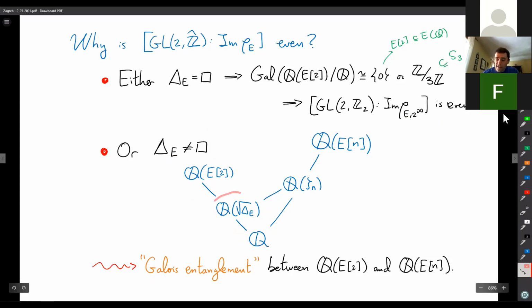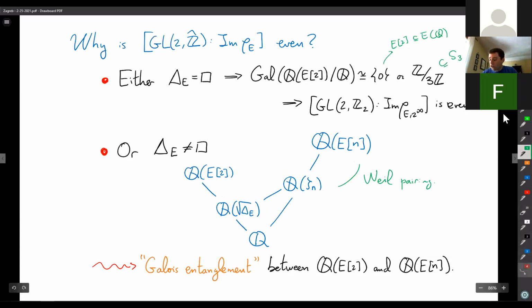But if this is non-trivial, it is itself an abelian extension of Q, and therefore by Kronecker-Weber is contained in some cyclotomic extension. But by the existence of the Weil pairing, the nth roots of unity are inside the n-division field.